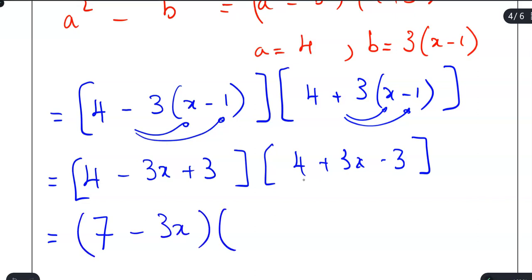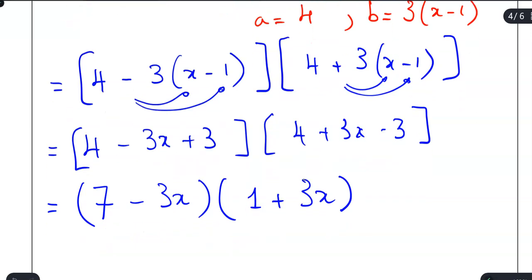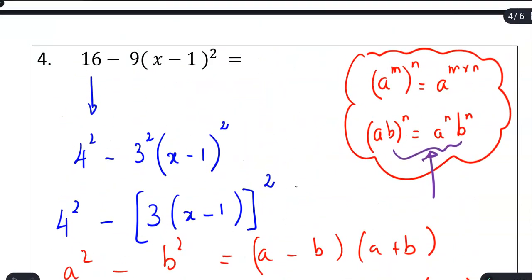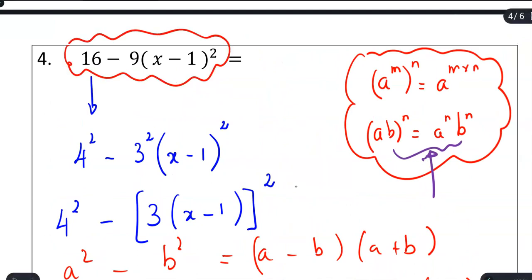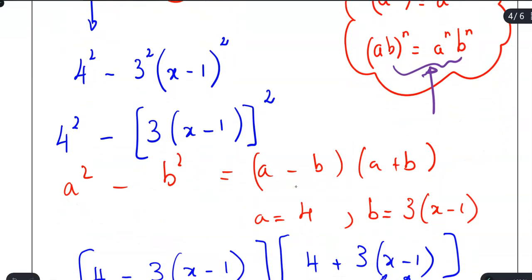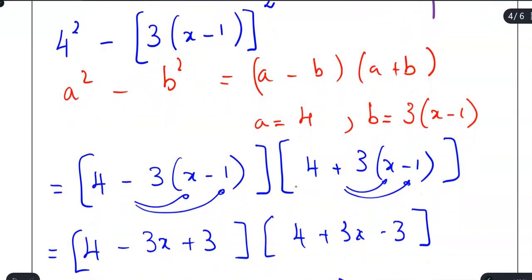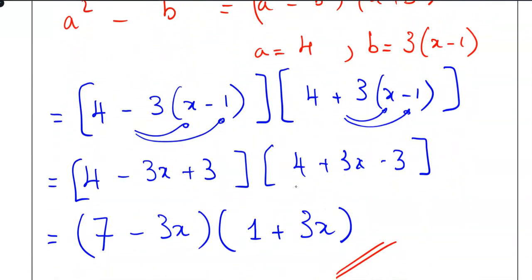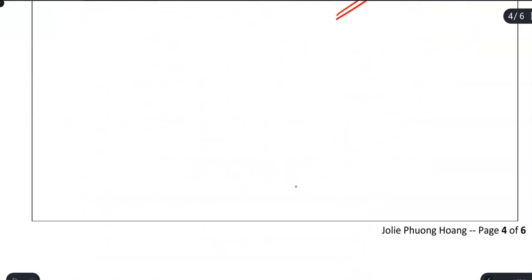And for the second term, I should have (1 plus 3x). Okay, so these are the factors of the expression hidden as the difference of squares. Double check. Okay, so let's move on to the next question.